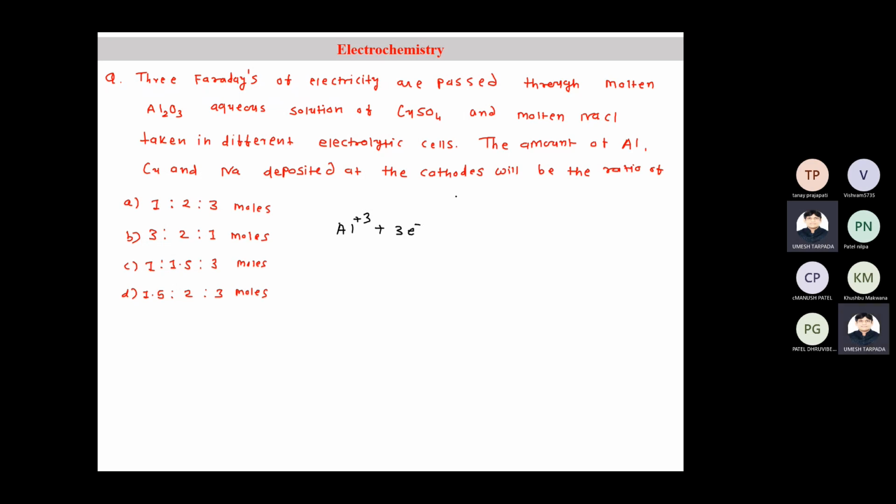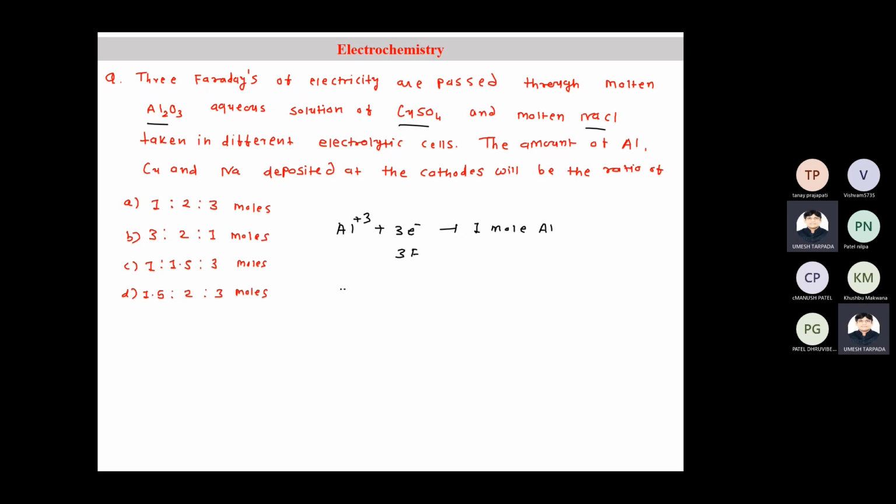Say aluminum plus 3 electrons, you know very well, it gives what more? અહીંયા તમને કીધું છે 3 Faradays of electricity pass through molten Al2O3, બધામાં 3 Faraday પાસ કરો છો. So 3 Faraday equals 1 mole of aluminum, you know that.